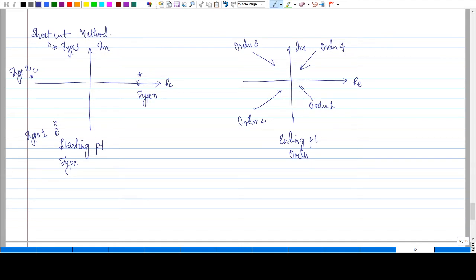It will terminate like this if you have order 3, like this if you have order 4, like this if it is order 1, and like this if it is order 2. Okay, now we will see a few examples.